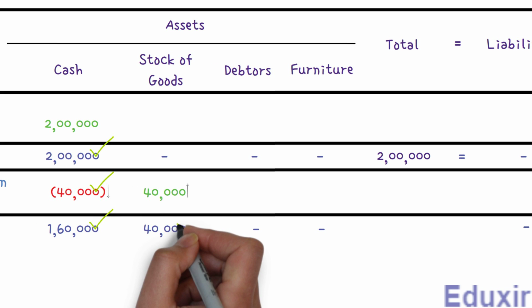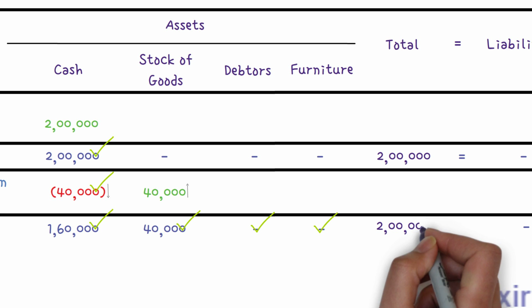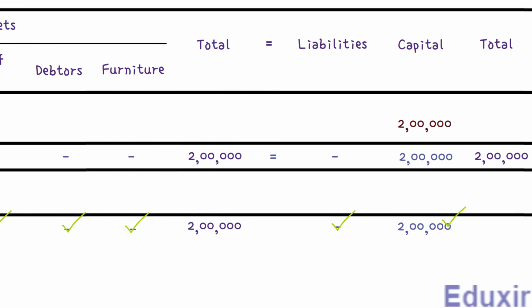Now the total of all the assets available with the business will be 2 lakh rupees. Also, the total of the liabilities and capital is 2 lakh rupees. So the total on the left hand side is equal to the total on the right hand side. With that, we have completed the recording of this transaction in the accounting equation table.